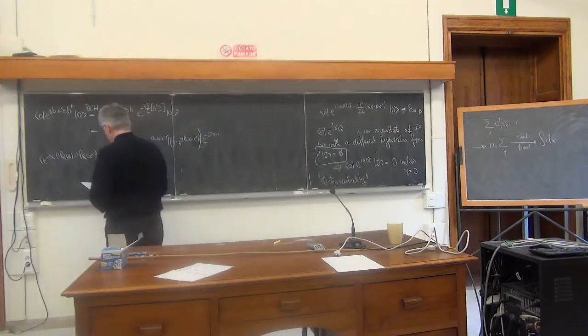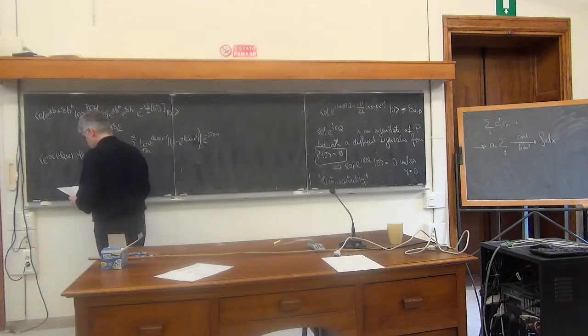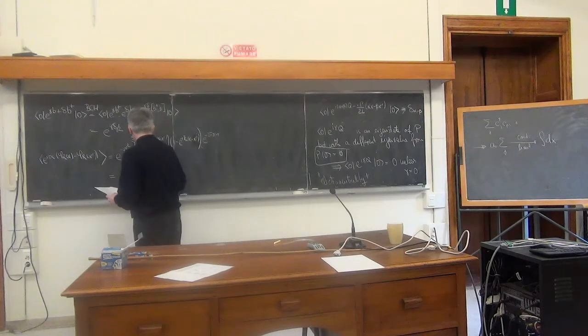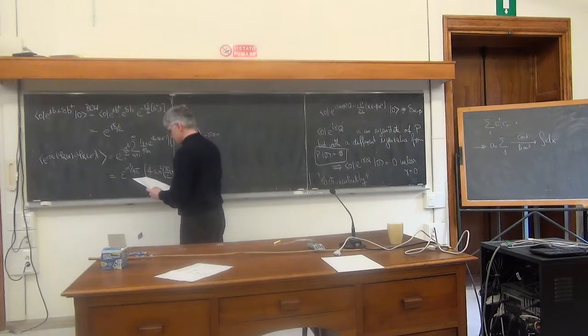Okay? And what this becomes after the dust settles is just epsilon, which now doesn't cancel, to the alpha squared over 4 pi, times sine squared of pi over L x minus x prime, and this whole thing to the minus alpha squared over 4 pi.